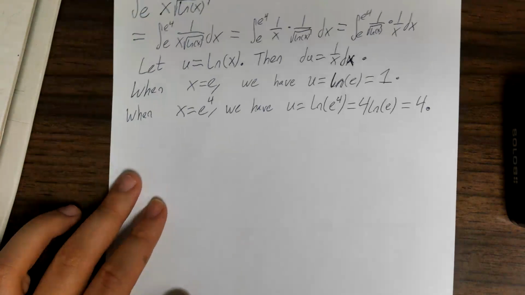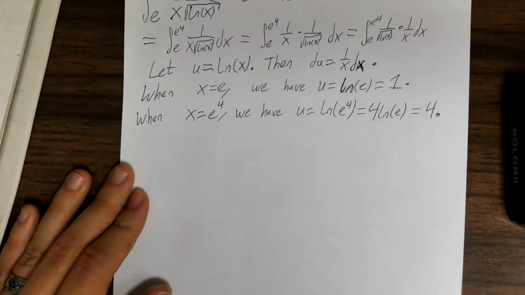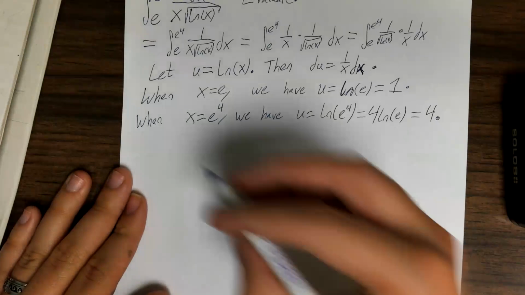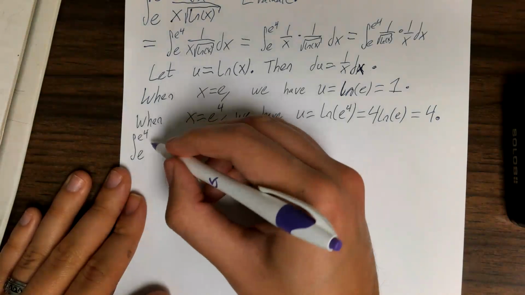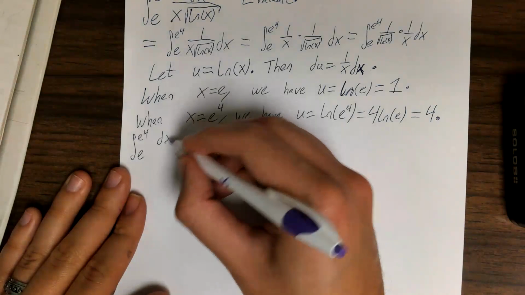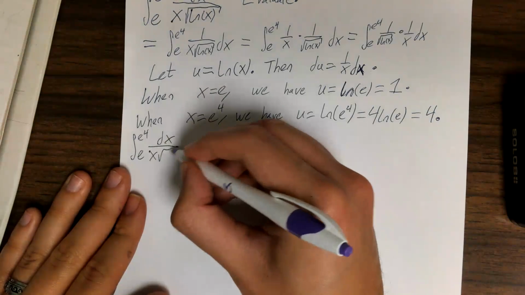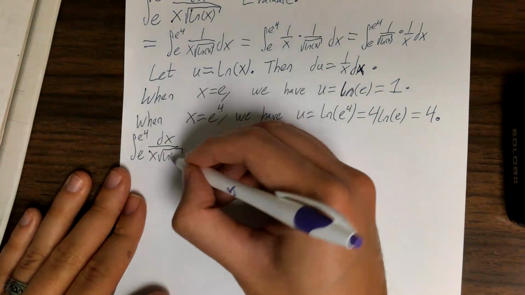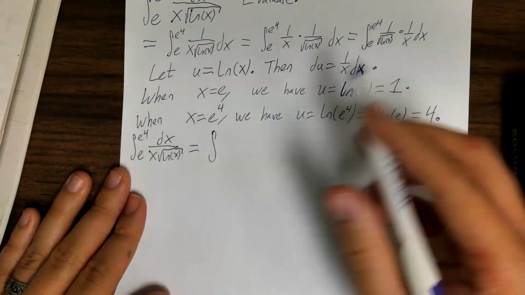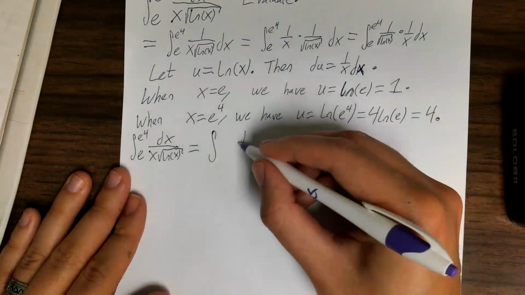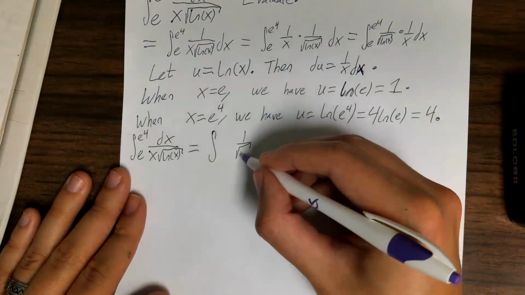So now that we have our new limits of integration, we have all the things we need to get this integral, which is in terms of x, into terms of u. So just looking over here, this is like a 1 over the square root of u.